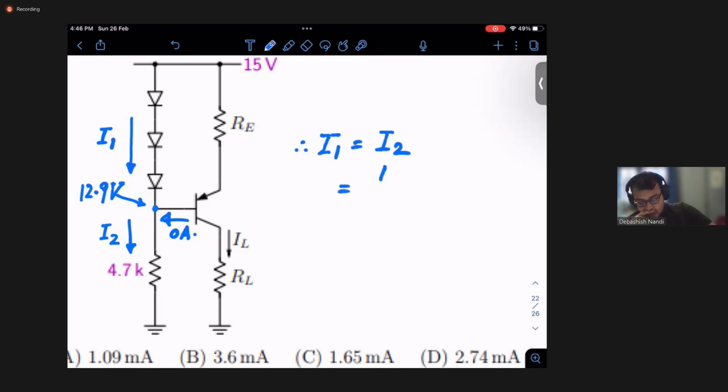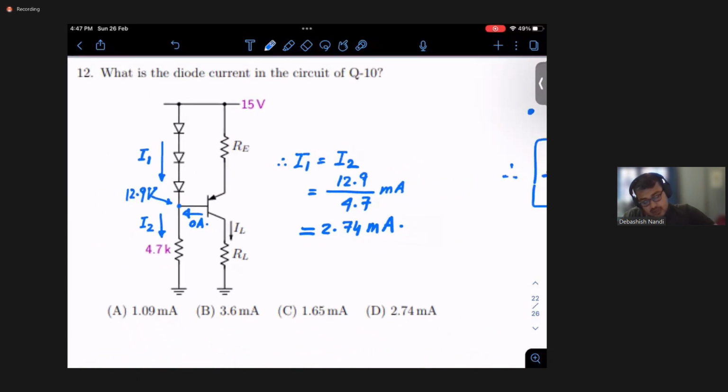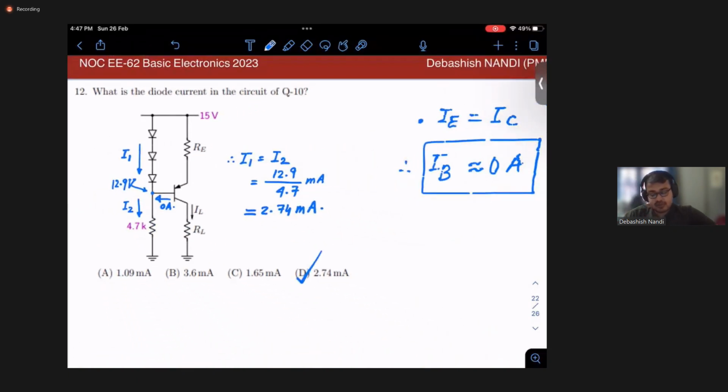What is I2? 12.9 divided by 4.7 milliampere. That is your 2.74 milliampere. Okay, so this is your right option.